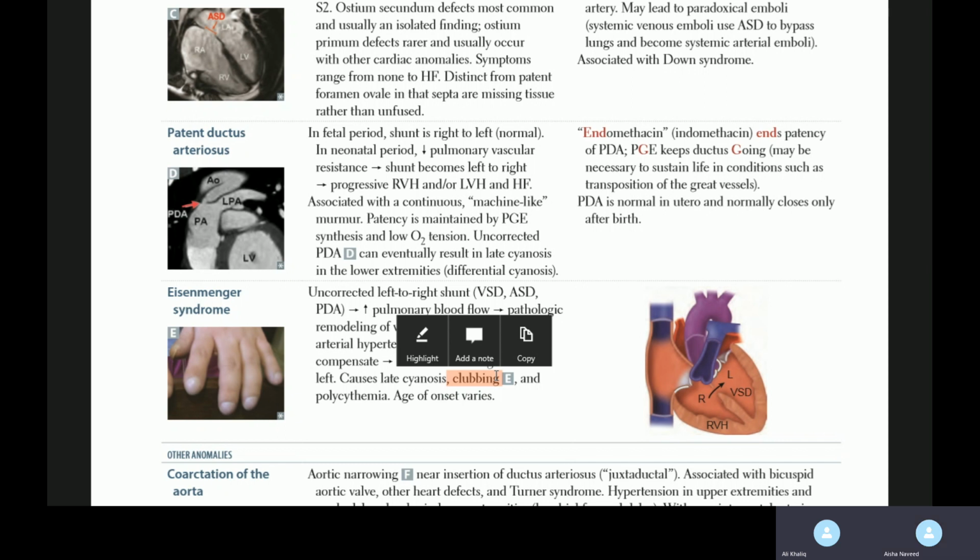Yes, makes sense. PDGF. Polycythemia is because of erythropoietin. Now remember, in right to left shunt, there will be early cyanosis, clubbing and polycythemia. In left to right shunt, there will be late cyanosis, clubbing and polycythemia. So this was Eisenmenger syndrome.